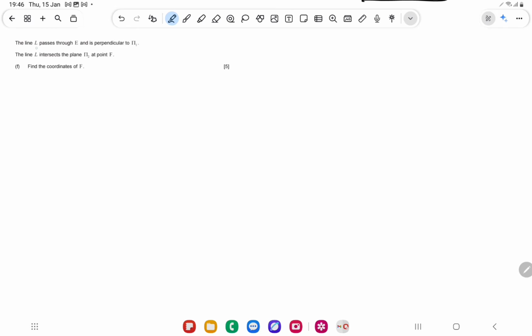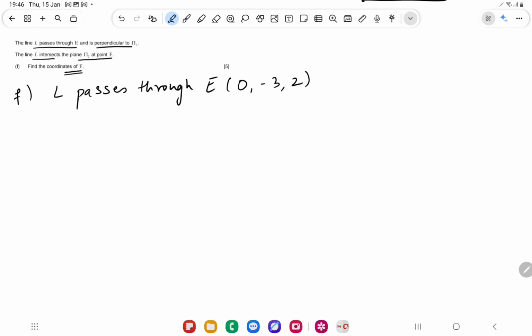Now in this part the line L passes through E and is perpendicular to plane pi 1, and line L intersects the plane pi 2 at point F, whose coordinate we have to find. Now first of all, since it says L passes through E, where my E coordinate was 0, minus 3 and 2, which I got from B part, I'll write it like this.